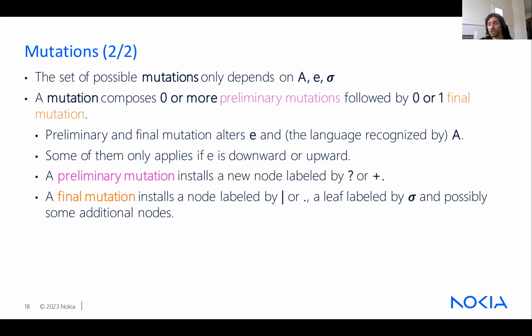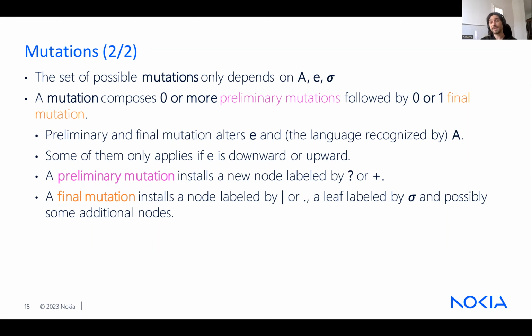So the mutations themselves, the process of how an abstract syntax tree can consume a character and be locally modified, is a bit tricky to do in a short presentation, but I will still try to give an intuition.